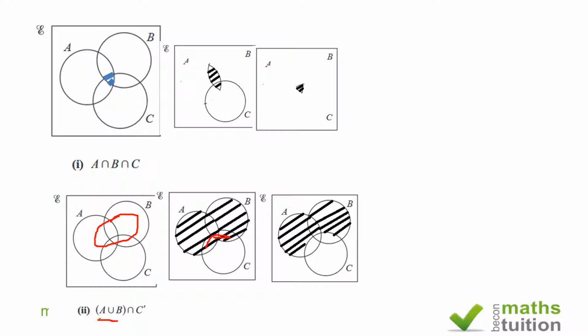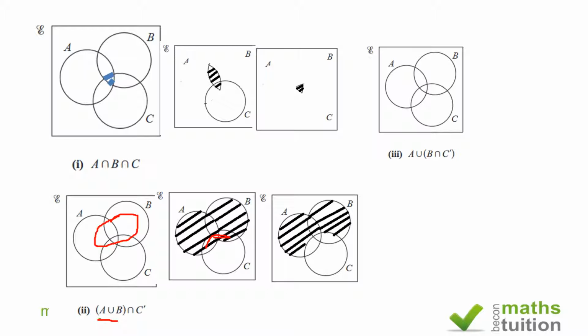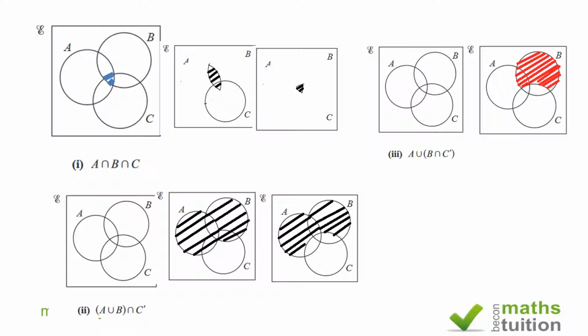Now for the third one, it says A union (B intersection C prime). Firstly, we start again with the brackets, so we want B intersection C prime: all of B without the C. So we end up with that bit.